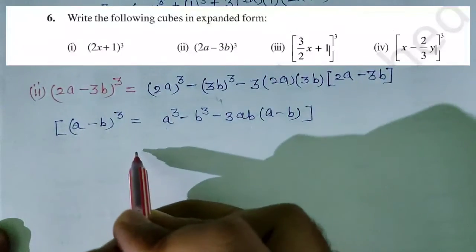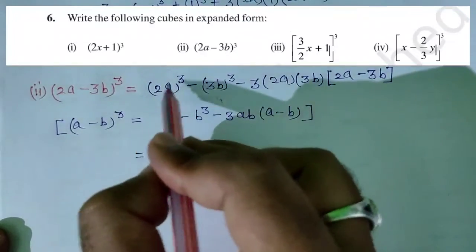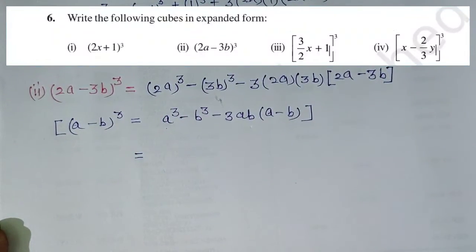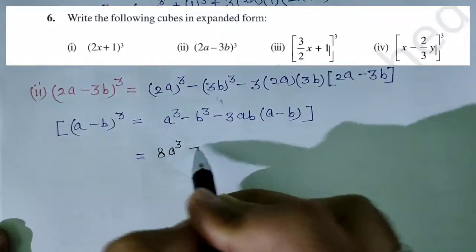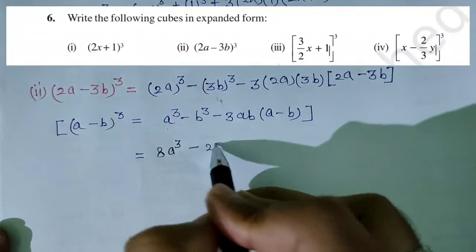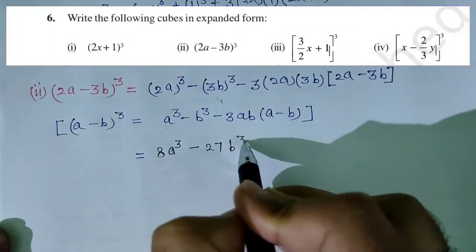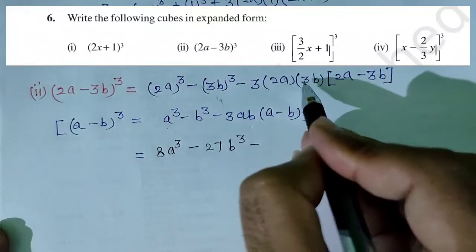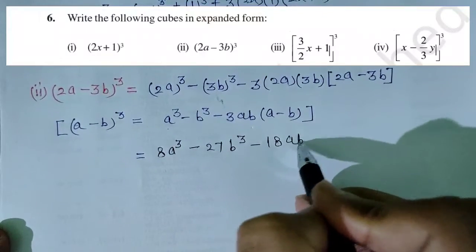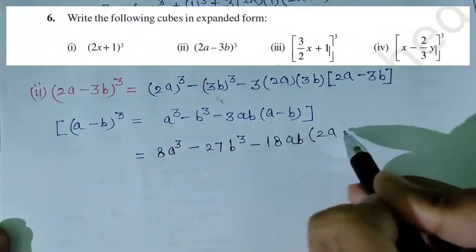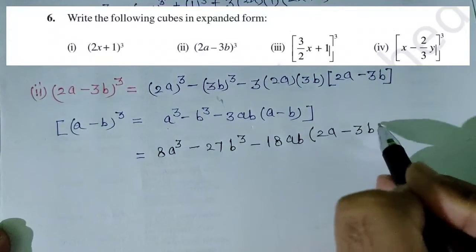After simplifying this we will get 2a whole cube, 8a cube, 3b whole cube, 27b cube, minus 3 3s are 9, 2s are 18ab, 2a minus 3b.